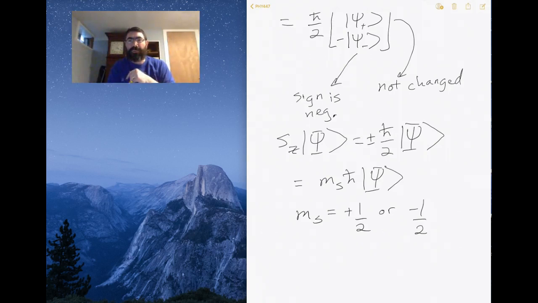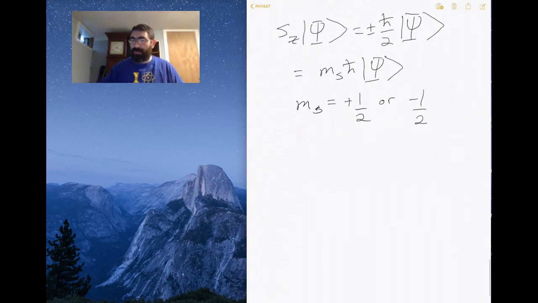Spin down has a value of -1/2 for the quantum number. So it acts a lot like the projection of angular momentum in the z direction, but it's really now the spin. That's why the little s subscript. So m_s is the spin projection in the z direction, and it's either going to be spin up or spin down.